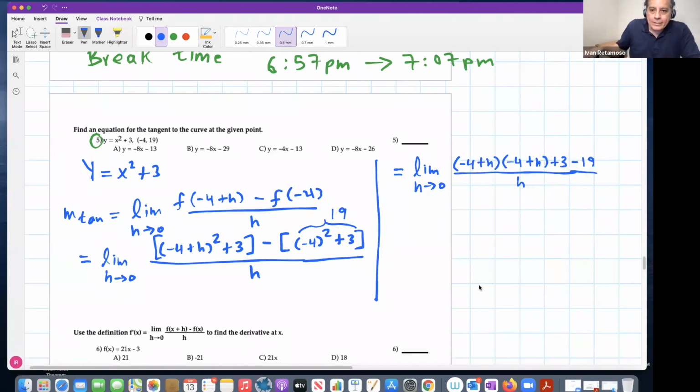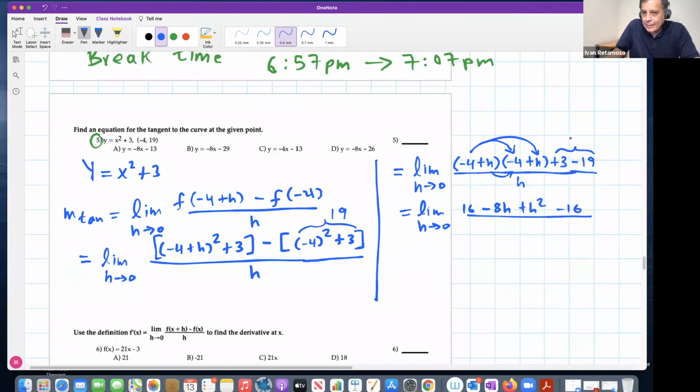All right, foiling this out and simplifying: negative 4 times negative 4 is 16, negative 4h plus another negative 4h combine to minus 8h, plus h squared. Then minus 19 and plus 3 gives negative 16.